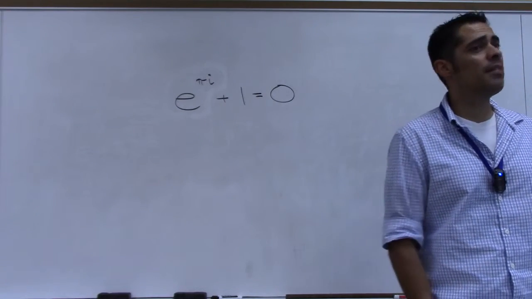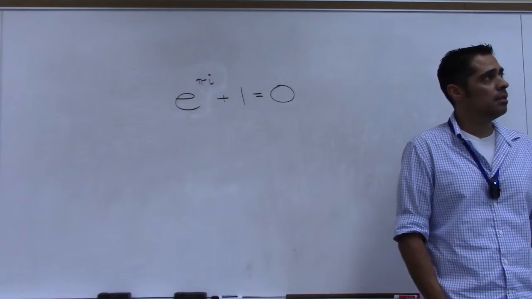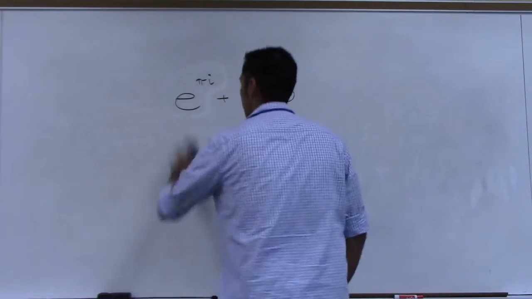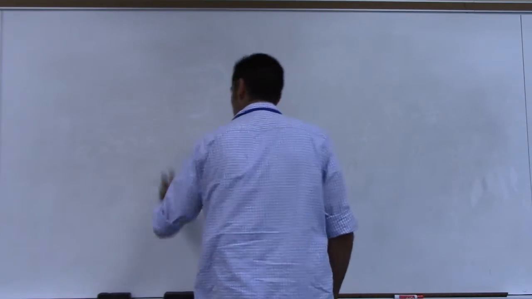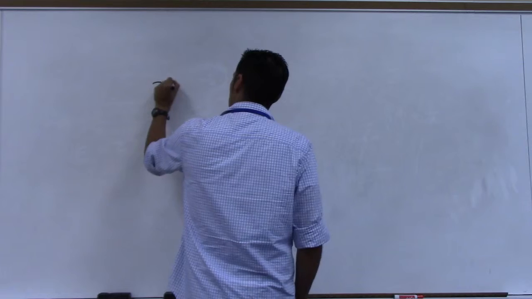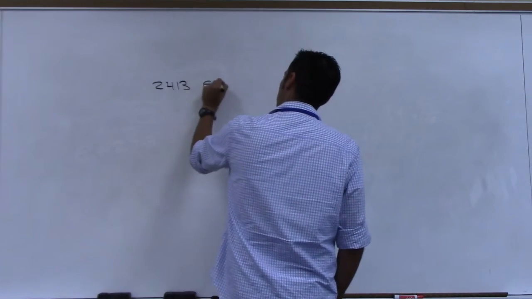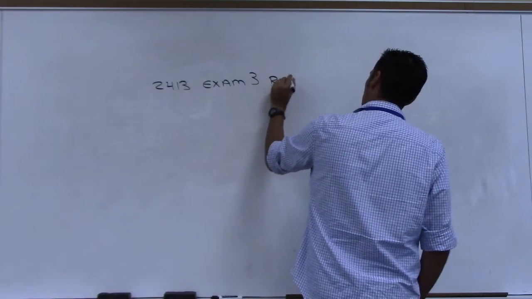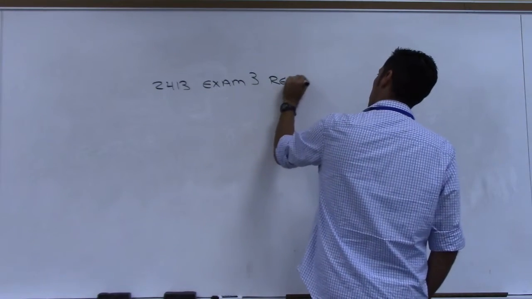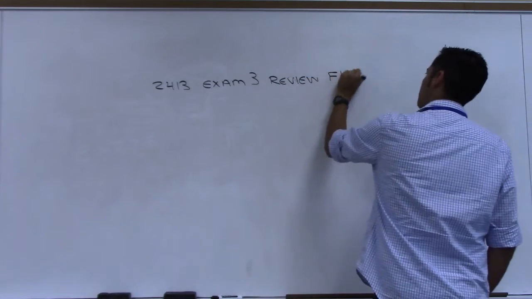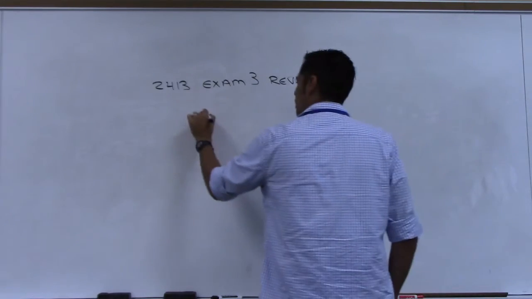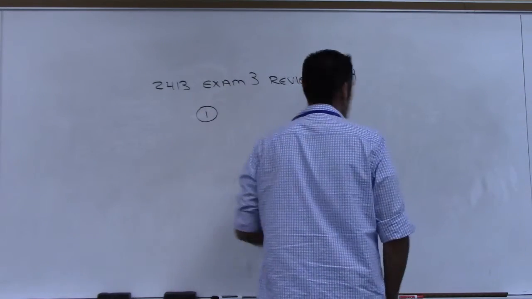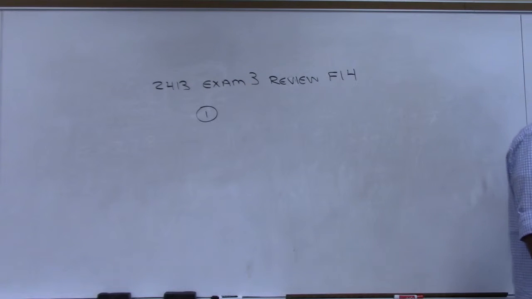So here are the things I think you should look at on this review. I'll write this down in case you need to go back and look this up. On the 2413 Exam 3 Review, Fall 14, if you look at problem number 1, these are all derivatives.